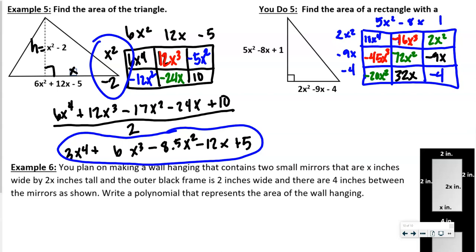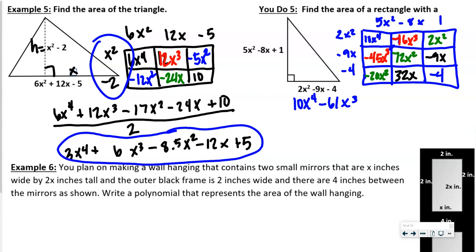Okay, so now we're combining our like terms again. So we're going to have, sorry, x to the fourth, 10x to the fourth, right there. And then we're combining these two right here. So negative 45, so that's negative 61x to the third.